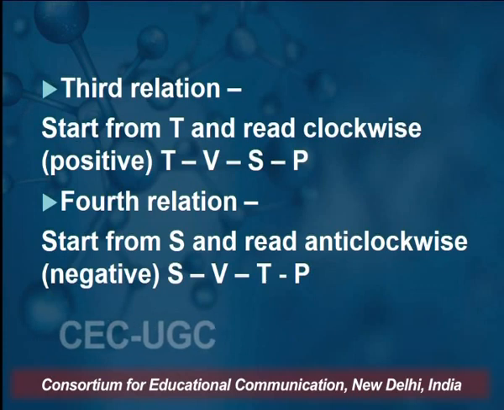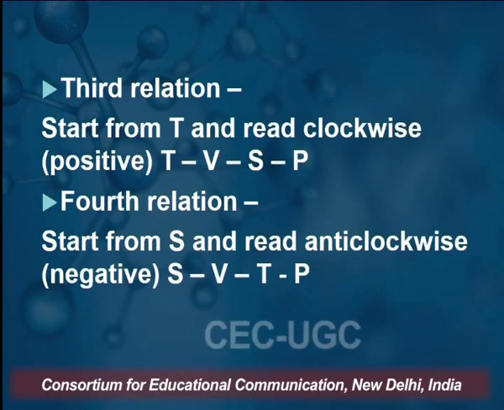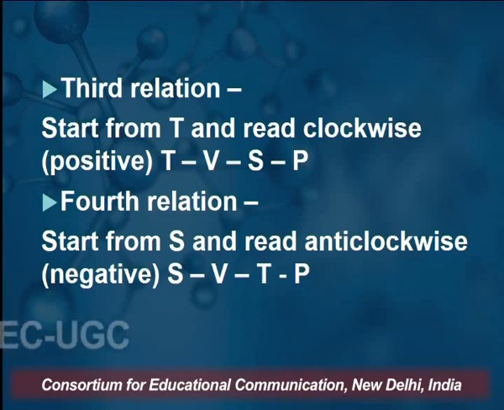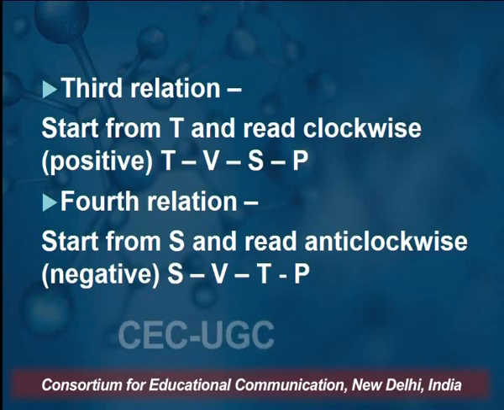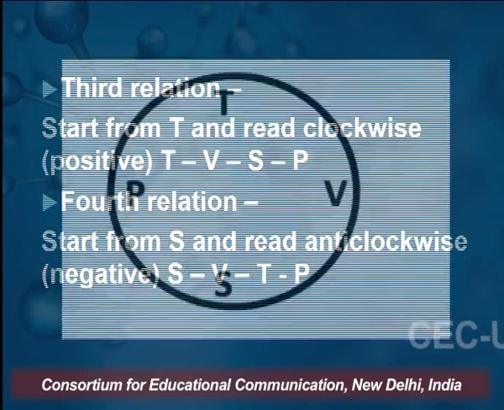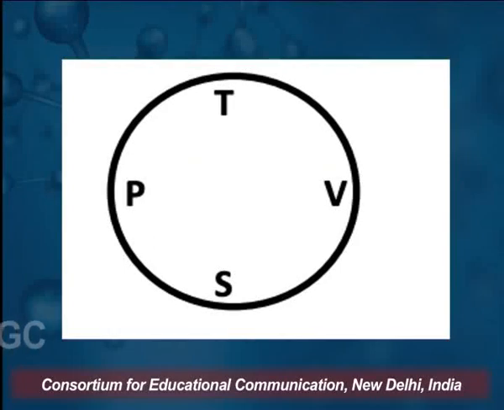TVSP. To derive the fourth relation, we start from S and read anti-clockwise. Because we have read anti-clockwise, this relation is negative. SVTP. So you can see and appreciate how easy it is to remember the four Maxwell relations.